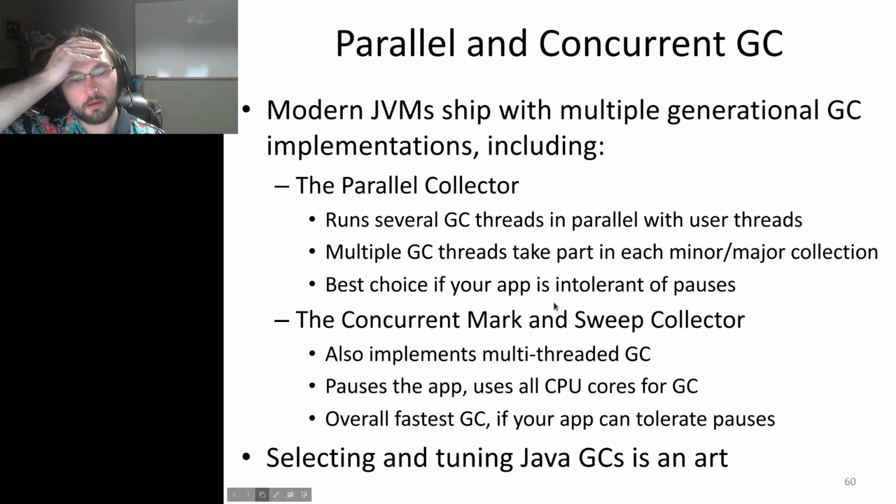The other strategy is for applications that do care about pauses. One Java program that a lot of people have probably used is the game Minecraft. And in Minecraft, you really are sensitive to having pauses. A garbage collection pause in Java can be anywhere from 50 milliseconds to 2,000 milliseconds.